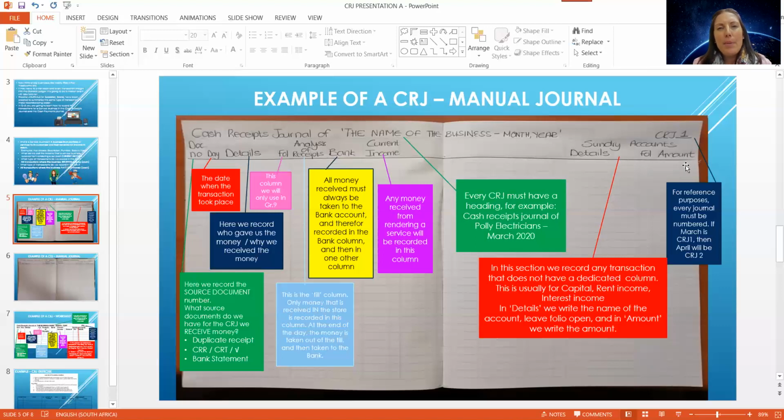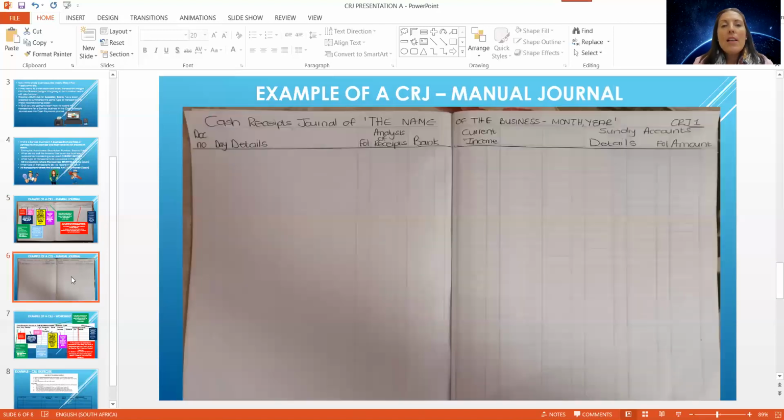One thing that you can keep in mind, but we will speak about it when I do an example with you just now, is that every journal at the end of the month we need to total our columns, because when we then do posting to the general ledger, we're going to use those totals, but that will come up soon. All right, so now if I go to this slide, you can just remember that that's another format.